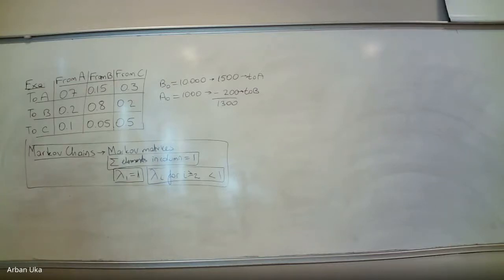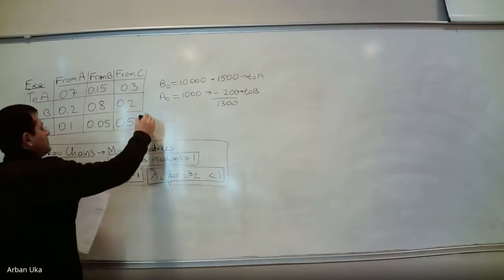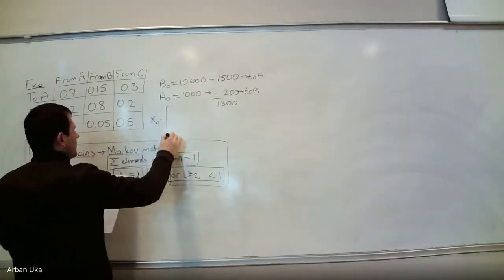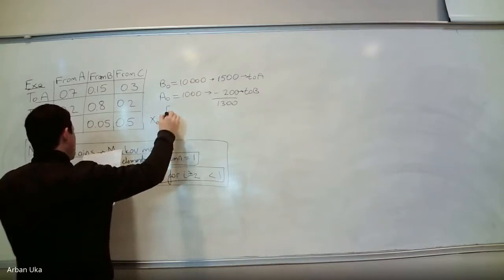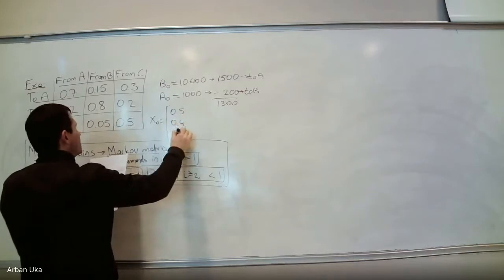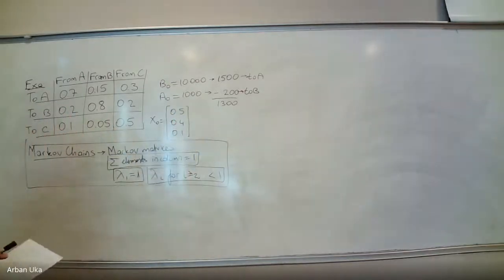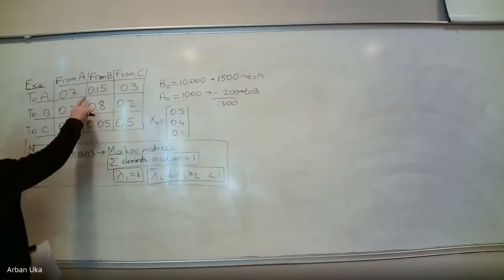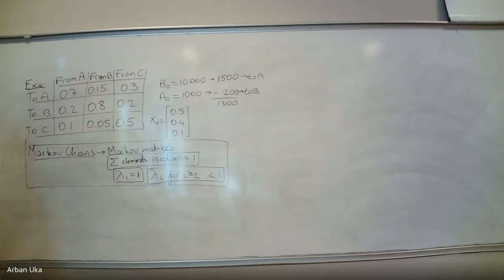Okay, so we have this matrix, and we assume that the initial condition, let's start with x0, which is equal to 0.5, 0.4, and 0.1. And this is the matrix which is going to show how the customers that belong to different companies interact between each other.